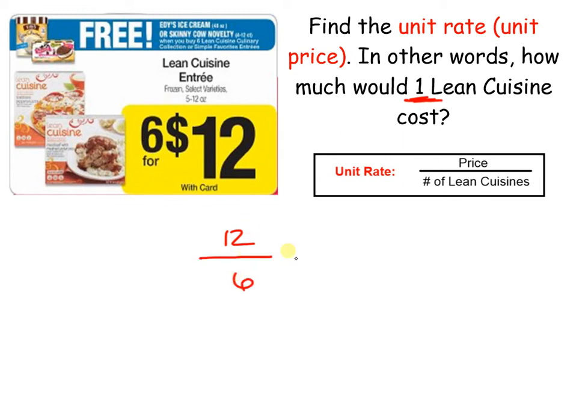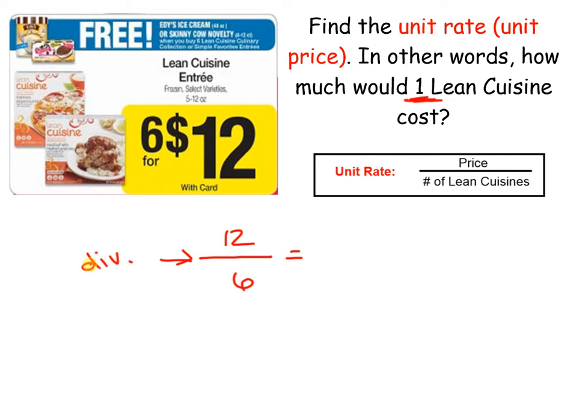6. Now, this is a pretty easy division problem to do in your head, but just pick up your calculator, turn it on, type in 12 divided by 6, because this fraction bar means division.